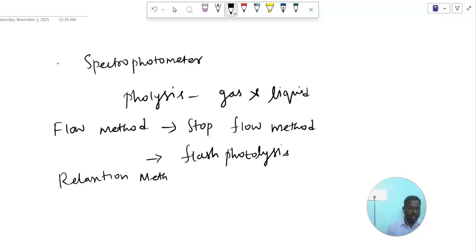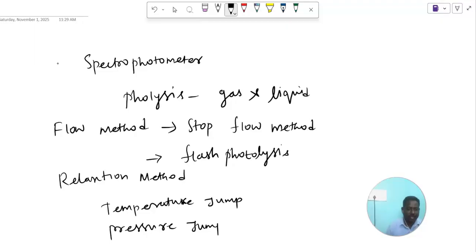In the relaxation method, the temperature jump and pressure jump methods are there. So these are all the different types of method we can use to study the kinetics of a reaction.